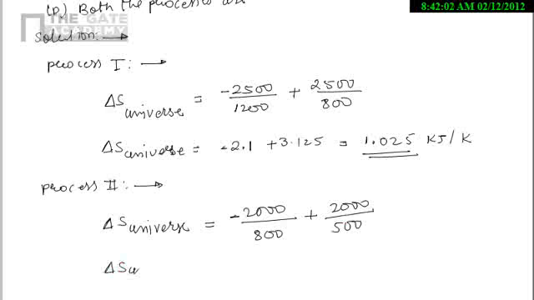Calculating: 2000 divided by 800 is 2.5, and 2000 divided by 500 is 4. So 4 minus 2.5 is 1.5 kJ per Kelvin. So the entropy change of the universe for the second process is 1.5, and for the first process it is 1.025.